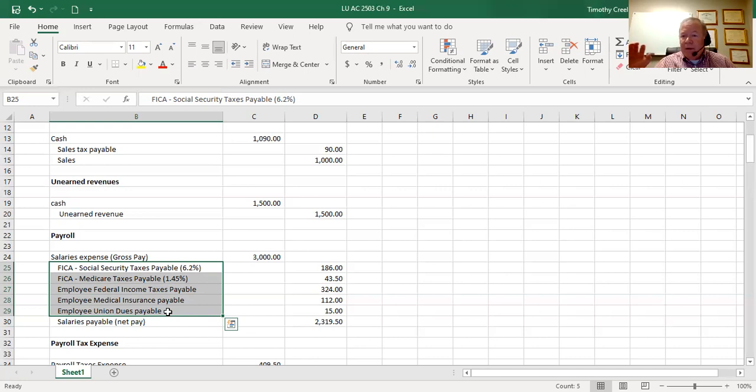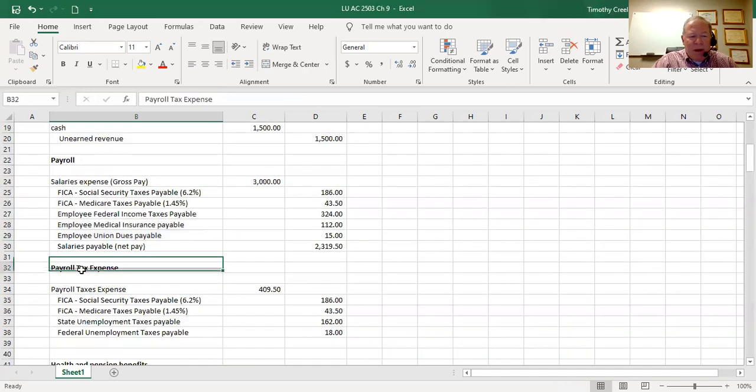The court system will actually garnish your wages. Or if you don't pay your student loans, the government will come after you and garnish your wages. So anyway, a lot of things can be taken out of your wages, and again, your net pay, your take-home pay, is always quite a bit less than your gross pay, than what you've earned.